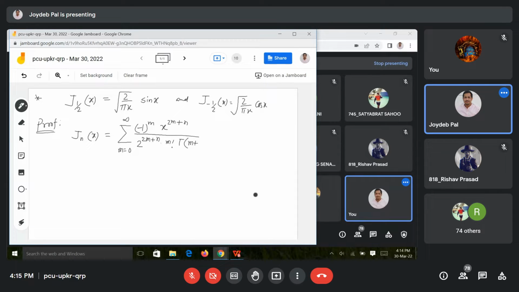Here nu means n. Okay, better to write nu. That is the formula, right?